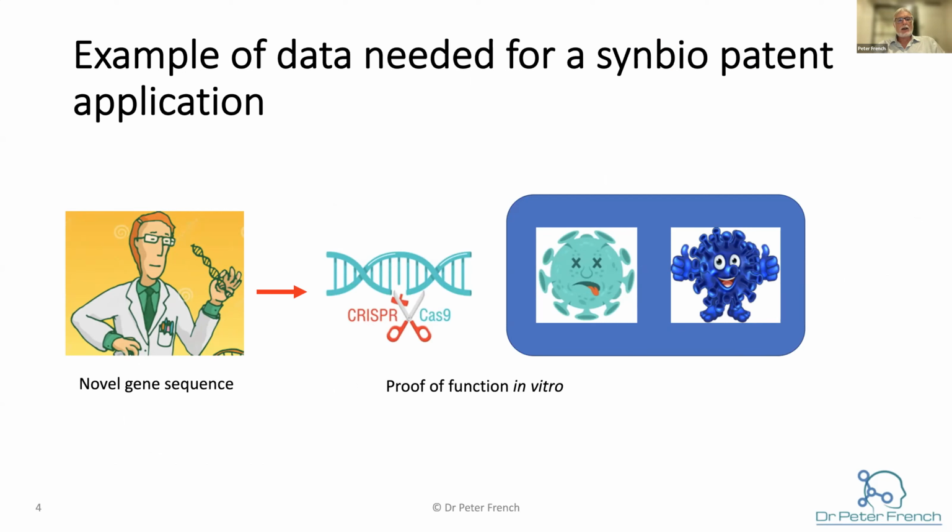So what in vitro data would I need to demonstrate that this is viable? Well, you could establish that the bacterium has functionality, and presumably you've already done that, that it is functional in terms of being able to allow the bacteria to survive in a high salt environment.